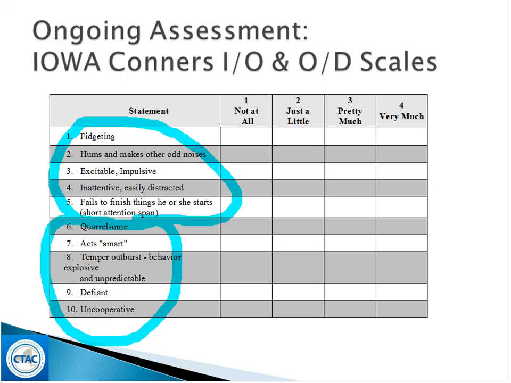I like using both the IO and OD subscales because of the common comorbidity between ADHD symptoms and ODD. And I've used this with preschoolers up through older school-age children and younger adolescents. Interestingly, what I have done is to see the extent to which intervention may improve items on the OD subscale and the extent to which ADHD types of symptoms are persisting and perhaps even interfering with treatment of oppositional problems.